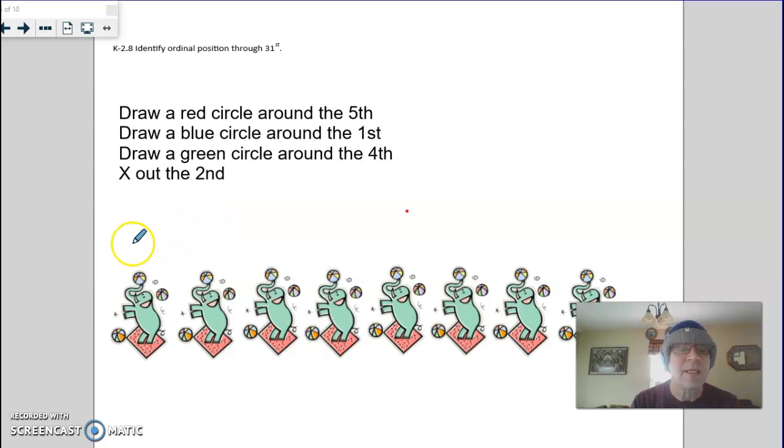So let's count these here. We got some elephants, and we're starting on this side. So we'd say first, second, third, fourth, fifth. All right, let's draw a circle. Red circle around the fifth one, because we have to follow the instructions, right? It says draw a red circle.